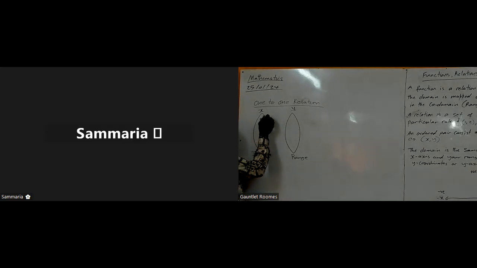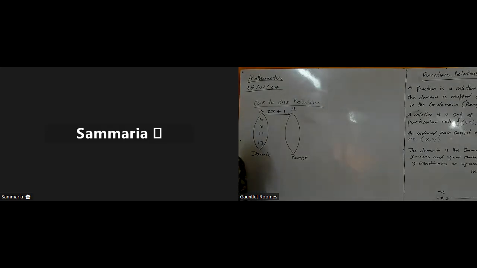All right. So let this be the rule: 2x plus 1. So 2x plus 1 is the rule that will map x onto y. So for now, I'm calling it a rule. When we finish looking at the rule, then we will determine if this is a function or not.